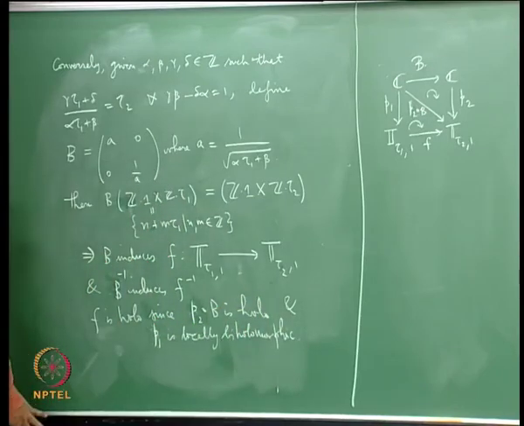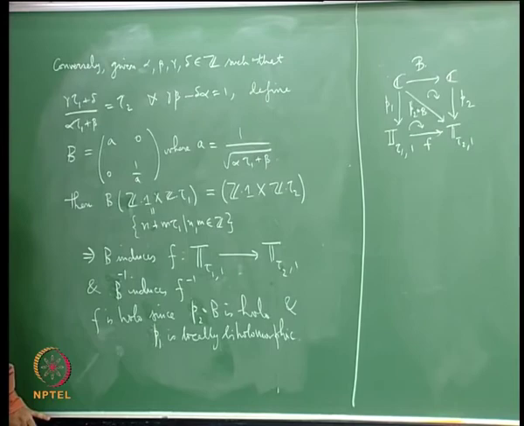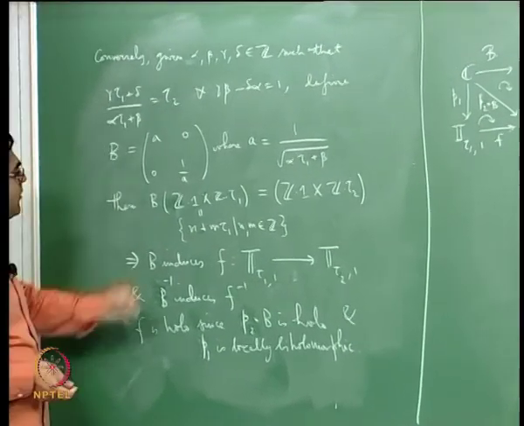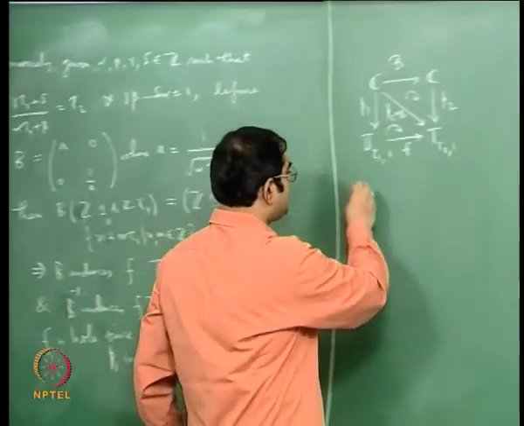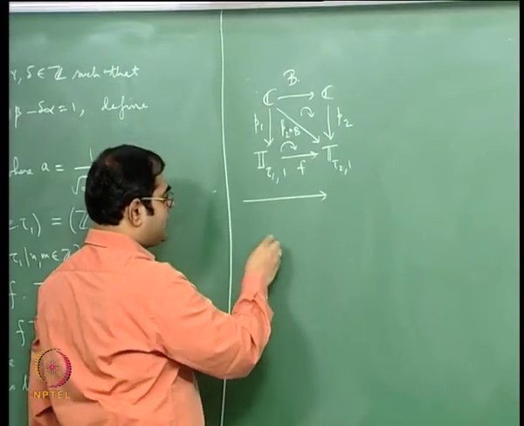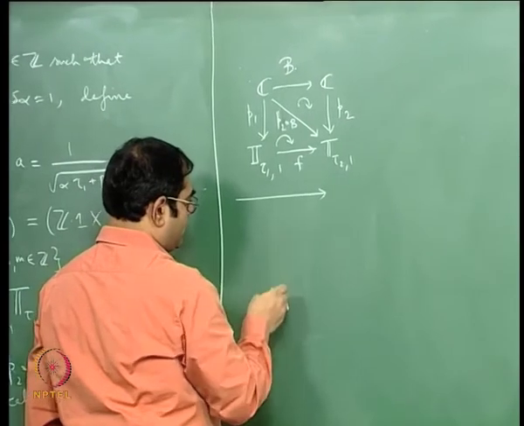Therefore F is an injective holomorphic map, so it is a biholomorphic map, and therefore we have proved that the tori are isomorphic.